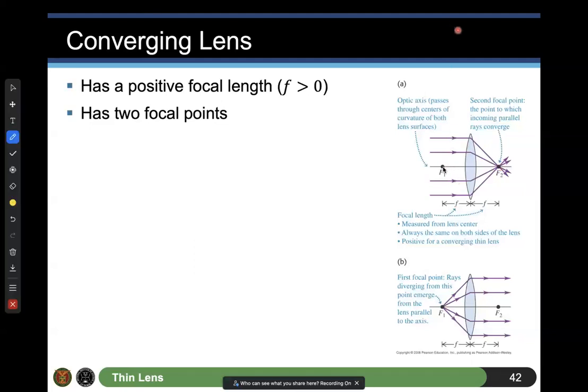Yung focal length na to is with respect dun sa first refracting surface. Tapos yung F2 is with respect dun sa second refracting surface. Actually, baliktad pala. So yung F1, ito yung F1. Yung F2 is ito naman.